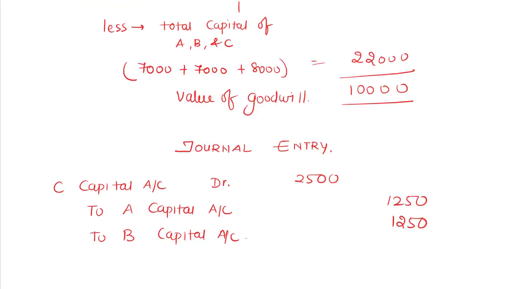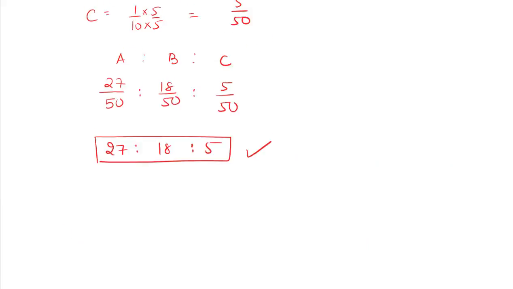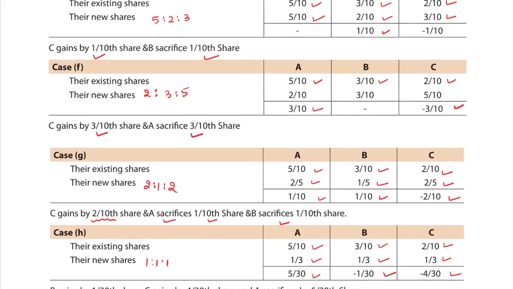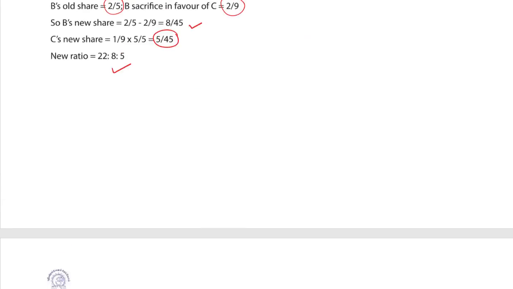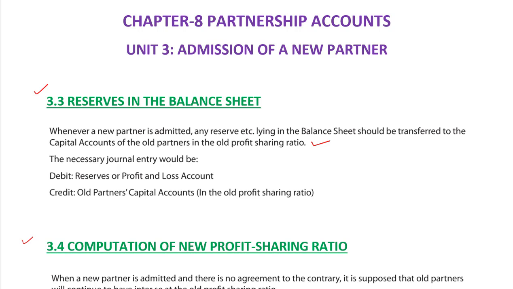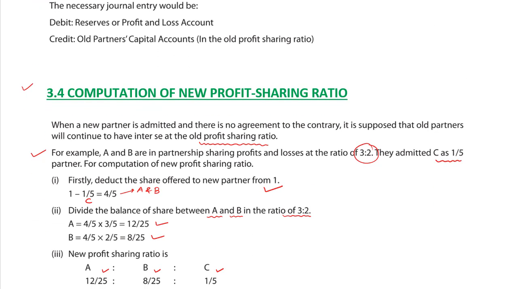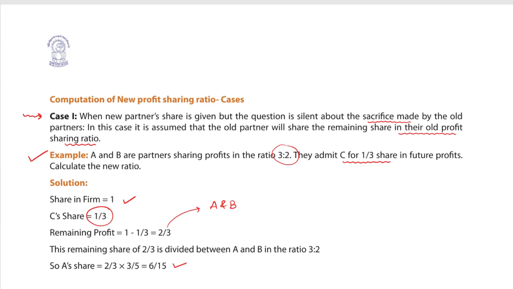I believe you understood what we have done in today's class. We have learnt about reserves in the balance sheet, which are to be distributed in the old ratio to the old partners. Computation of new profit sharing ratio: we have seen several cases.